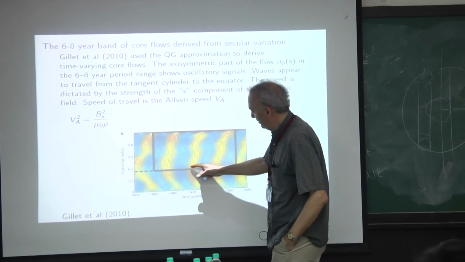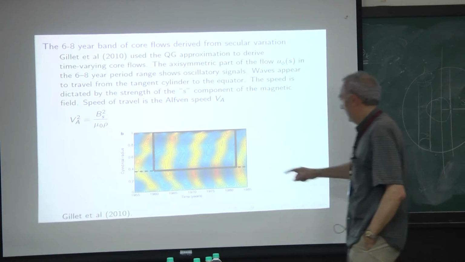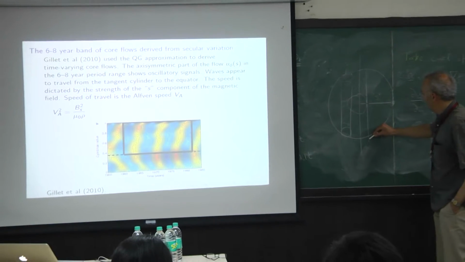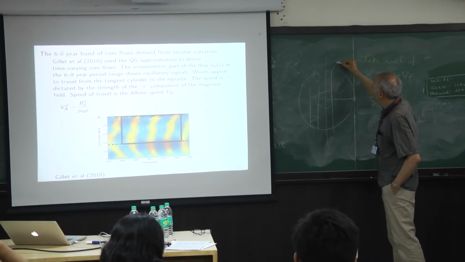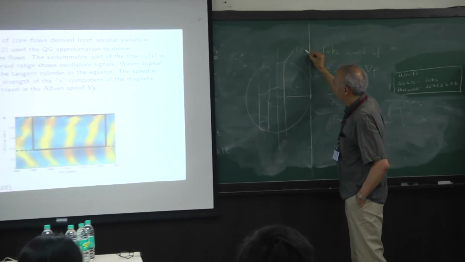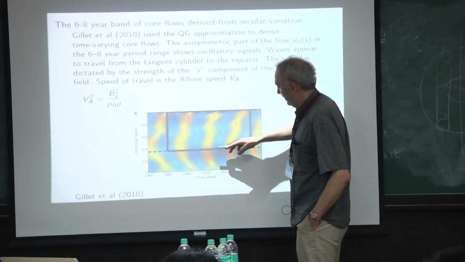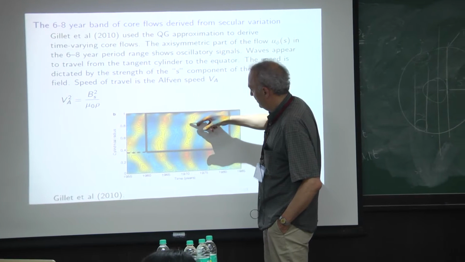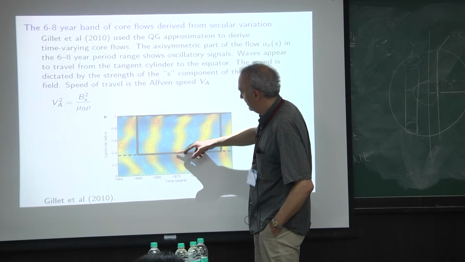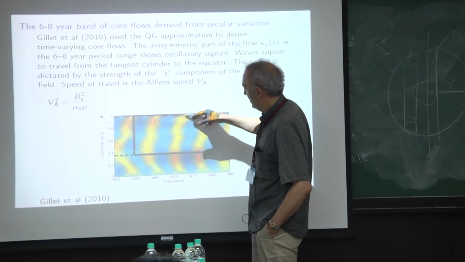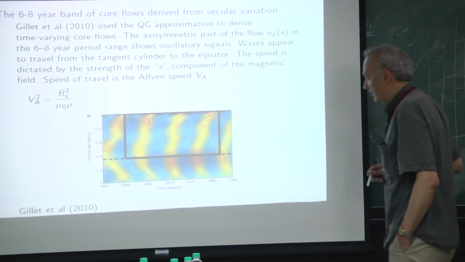They seem to be initiated here, and this place, remember, is the tangent cylinder. So Gillet et al. think that these are torsional waves that are initiated at the tangent cylinder and which travel out to the core surface.